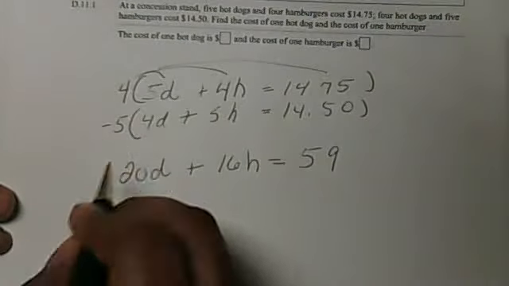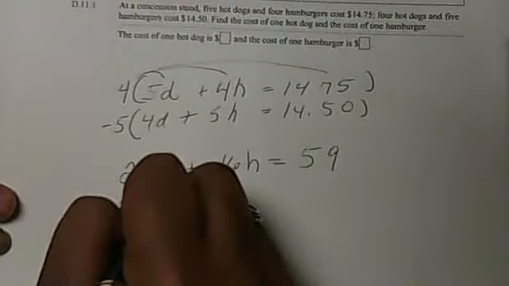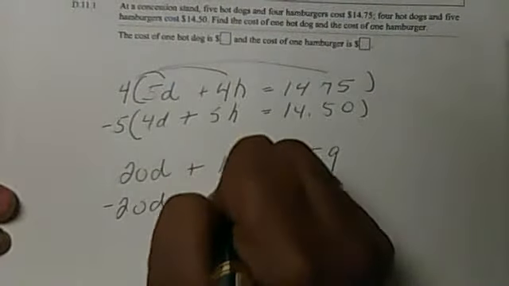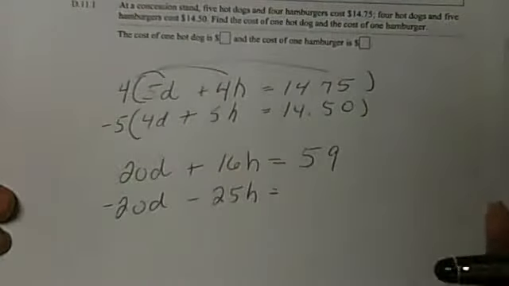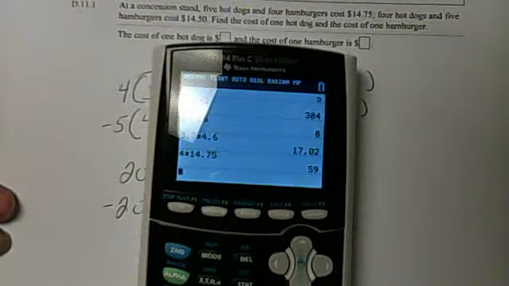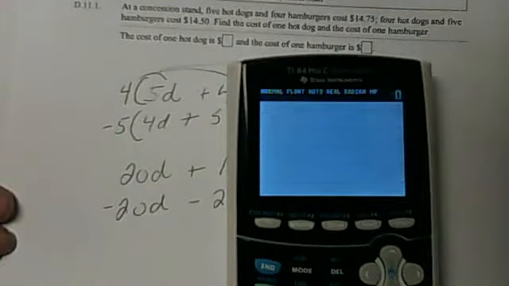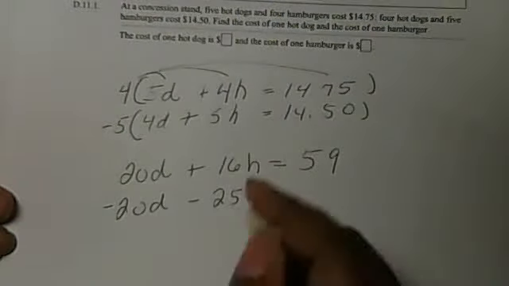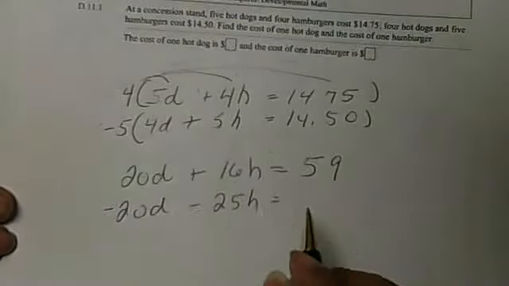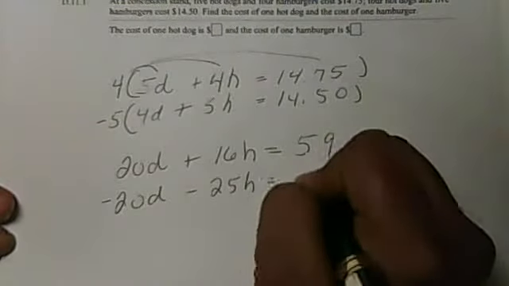The next one I'm going to multiply, that's going to be -20D minus 25H is equal to 14.50 times 5. That's going to give me 72.50. Negative 72.50, of course. Signs have to change.